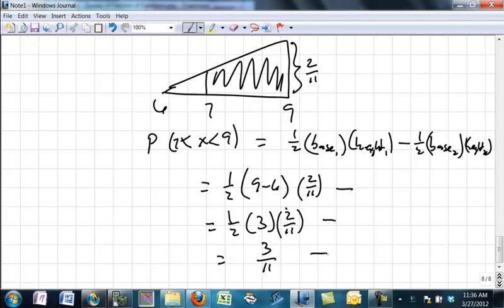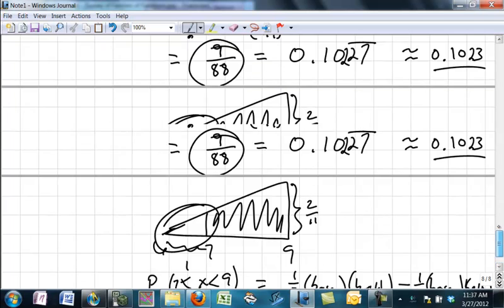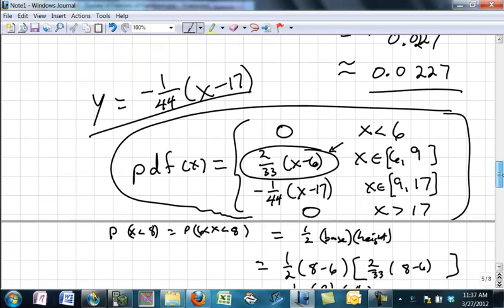Now, we need to take this smaller triangle here that's unshaded, find its area. Well, it has a base of 1 and some height. So base is 1. That was 7 minus 6. And what is its height? Well, this is where you need to go back to that formula again. Here's our formula. We're using the circled part. 2 over 33 times x minus 6.